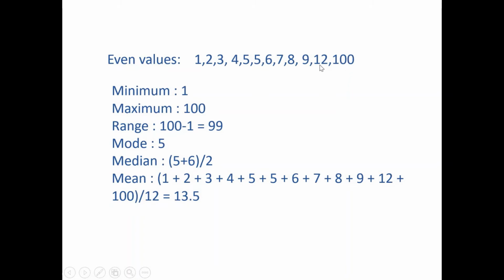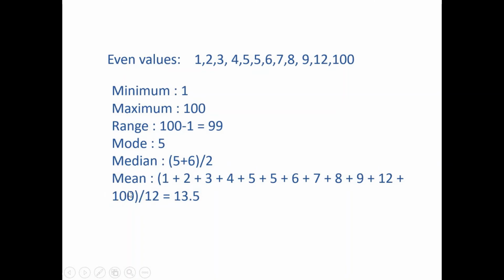And here we have 1, 2, 3, 4, 5, 6. So this 5 and 6 are the middle values. But median can only be a single value, right? So how would you find that single value? You will basically add both of these. So 5 plus 6 is 11. Divided by 2 will give us 5.5.